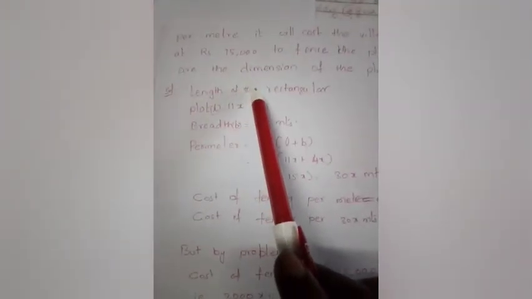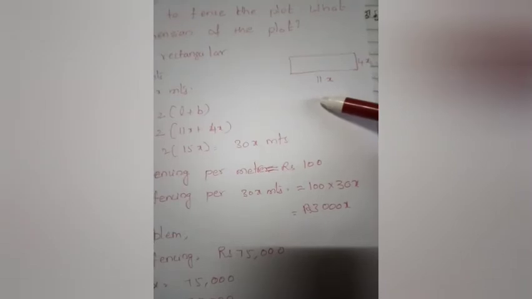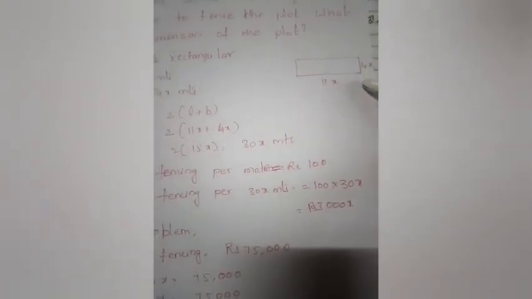At the rate of rupees 100 per meter, it will cost the village panchayat rupees 75,000 to fence the plot. What are the dimensions of the plot? There was a rectangular plot. Length and breadth are in the ratio 11:4. So length is equal to 11x and breadth is equal to 4x.